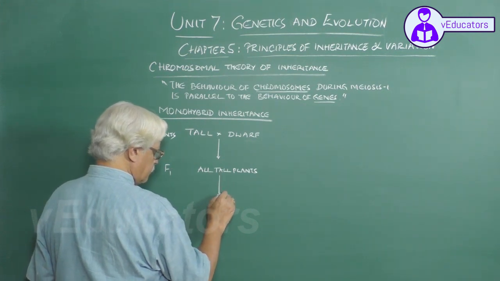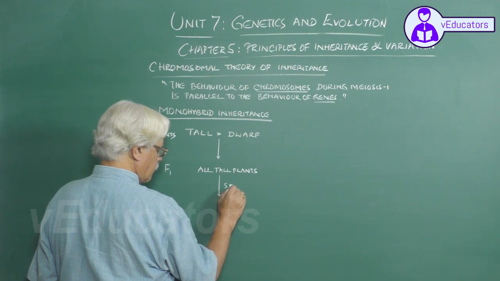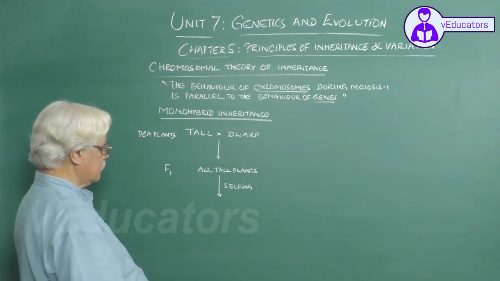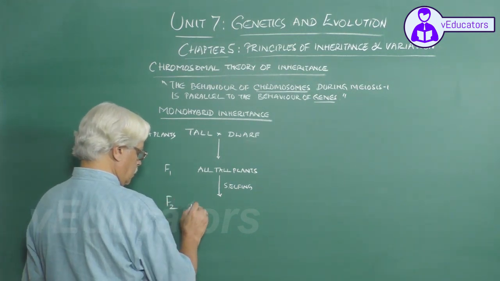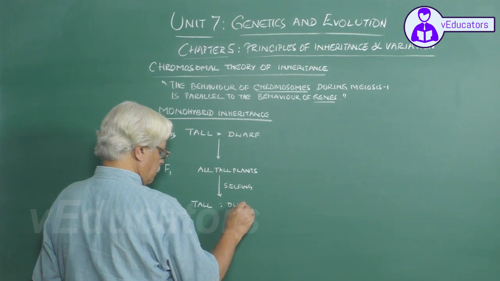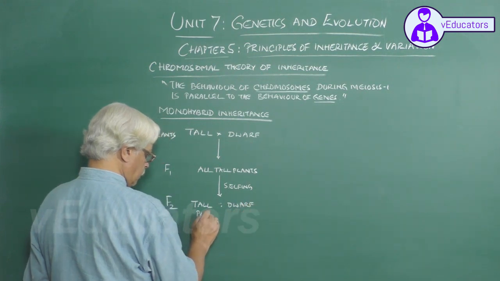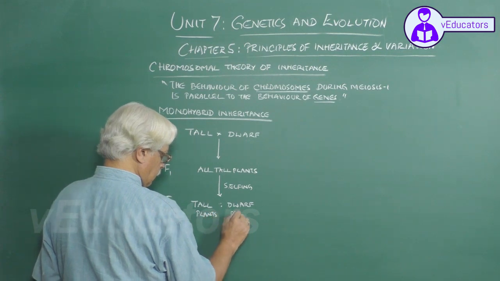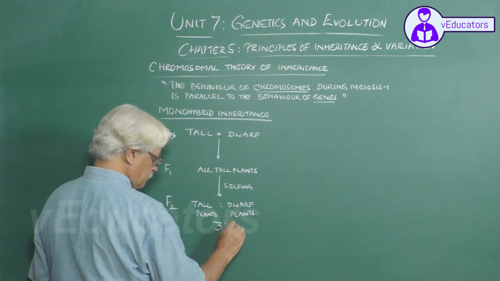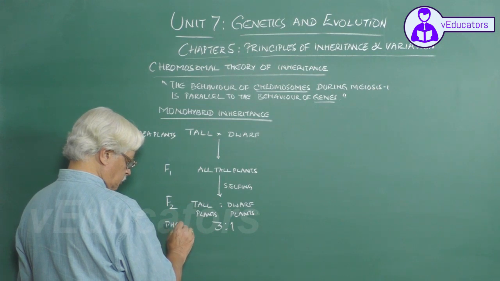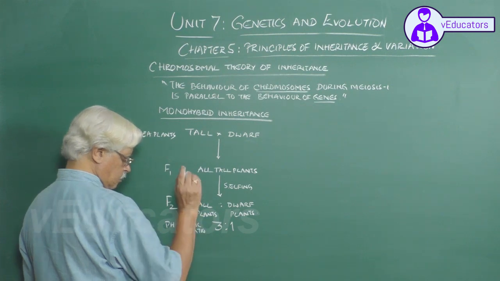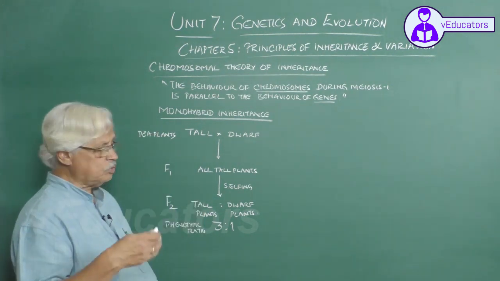When these tall plants were allowed to undergo self-pollination, in the F2 generation, tall plants and dwarf plants resulted, in the phenotypic ratio of 3:1 and genotypic ratio of 1:2:1.